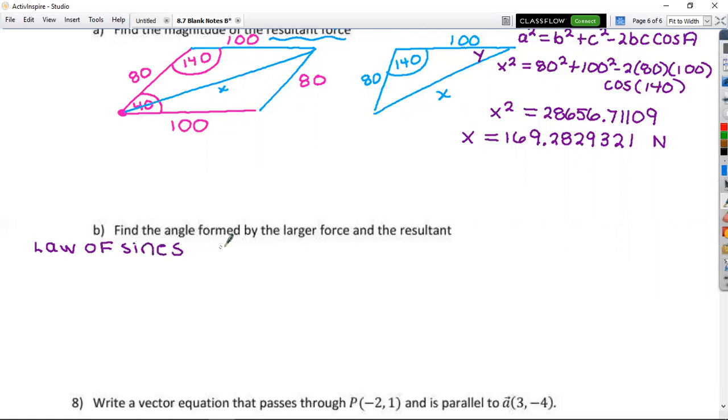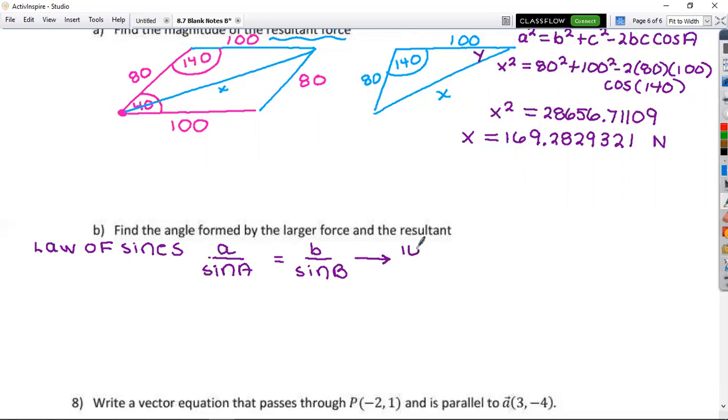So law of sines is a over sine A equal to b over sine B. And again, just don't use the rounded answers because they will most likely mark your answer incorrect, because there's too much rounding that's taken place. All right, so in this question, little a is our resultant we just found.